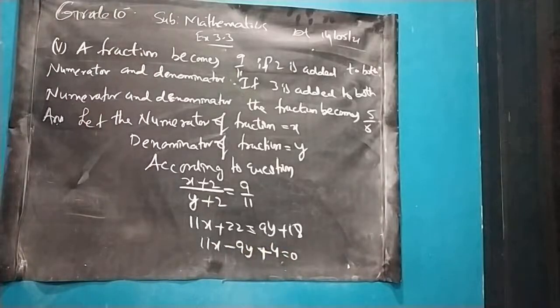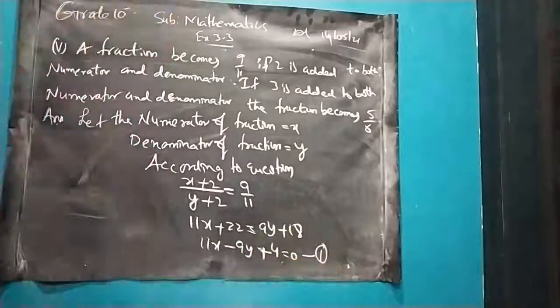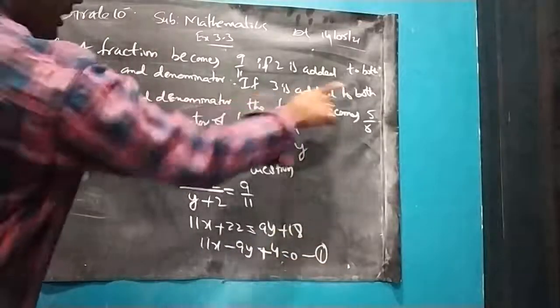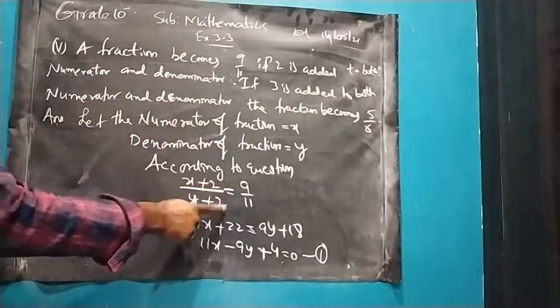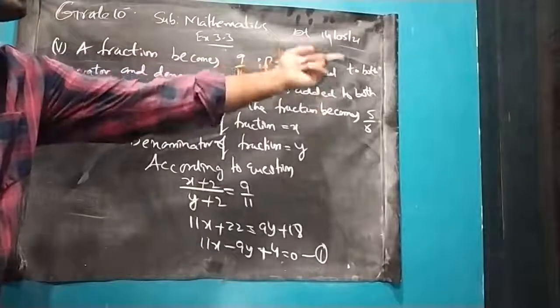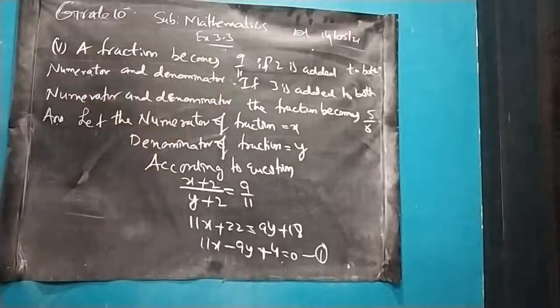This is the first equation, okay? Now, the second equation: we are adding 3 to the numerator and denominator. Here we are adding 2 to the numerator and denominator. In some cases, it will be like this also: 2 is added to the numerator and 3 is subtracted from the denominator, meaning plus 2 here and minus 3. Here, in both cases, it is adding to the numerator and denominator.